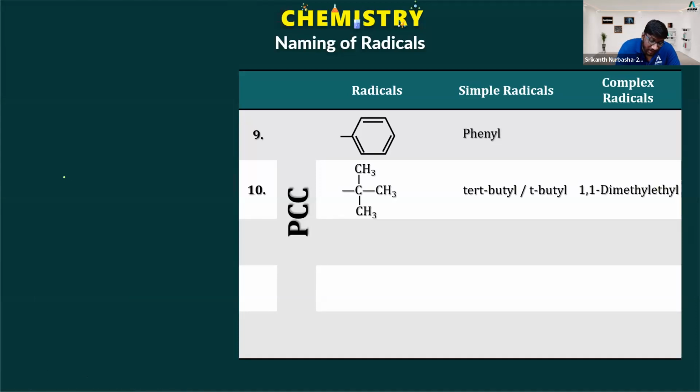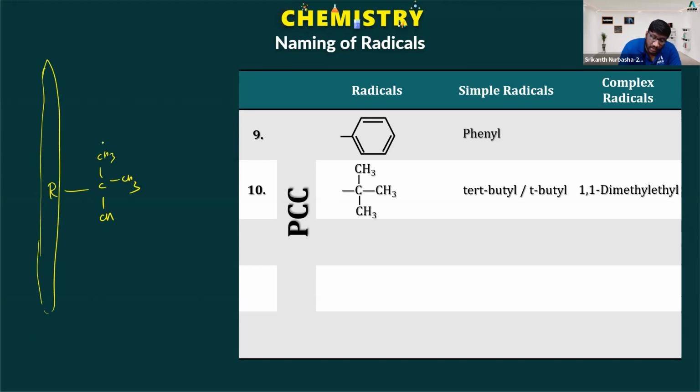Why am I naming this? Like we have a long chain R to which this substituent is there. This is the longest chain. Somewhere we have this particular substituent. If I have just CH2CH3, what is it called as? It is said to be ethyl. But it is ethyl 1 and 2.